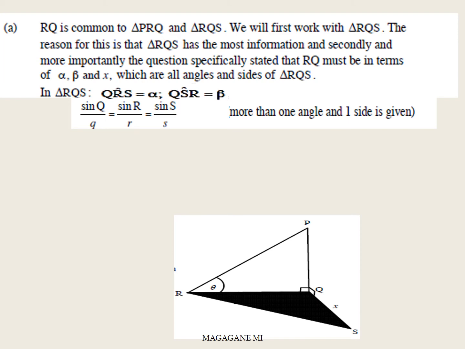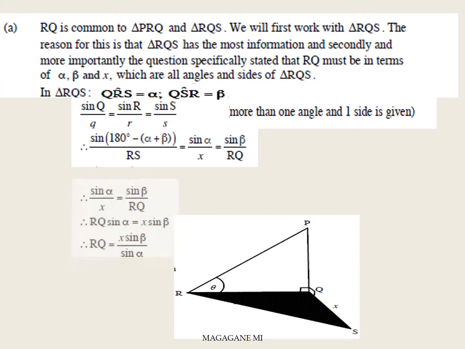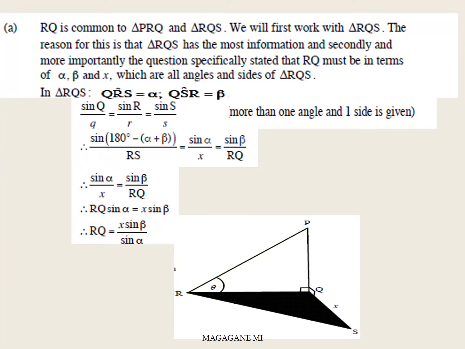More than one angle and one side is given. So therefore, we know that angle Q equals 180 minus theta plus alpha.